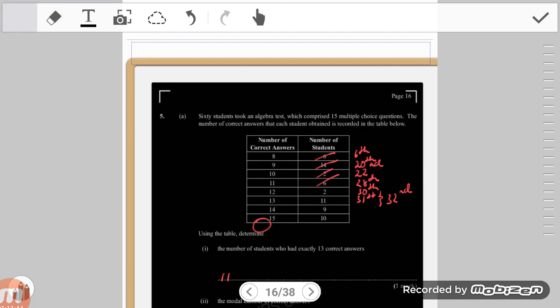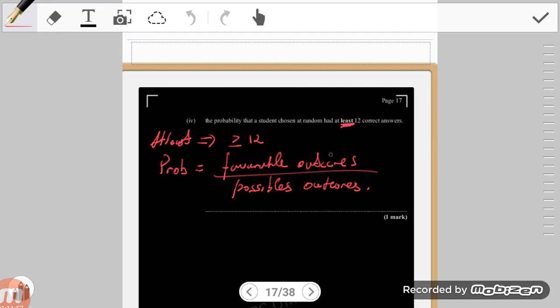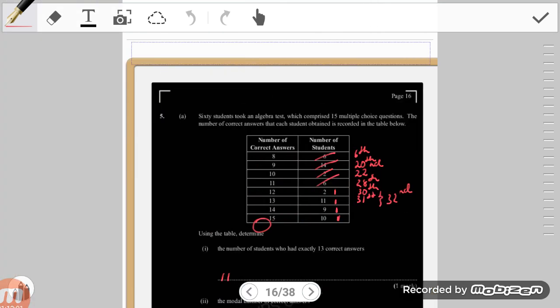So we know that 2 students got 12, 11 students got 13, 9 students got 14, and 10 students got 15. So I can safely say that my favorable outcome is going to be equal to 2 plus 11, that's 13.